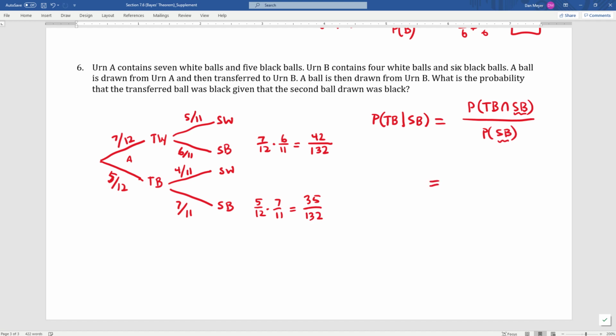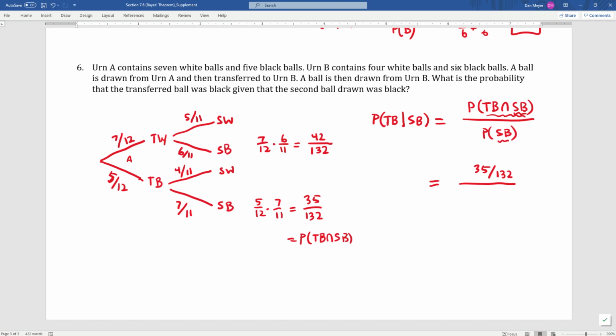And when we grab the pieces that we need, the probability that we transferred a black ball and picked a second ball black was the 35 over 132 that we just did. Again, this is the probability that both of those things happen. That's what happened down that path.